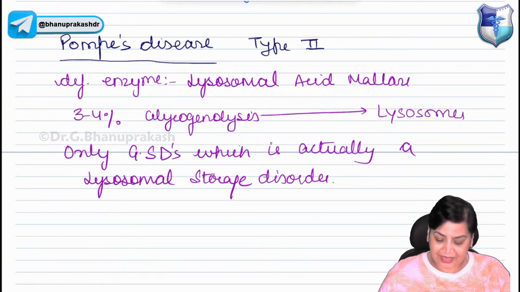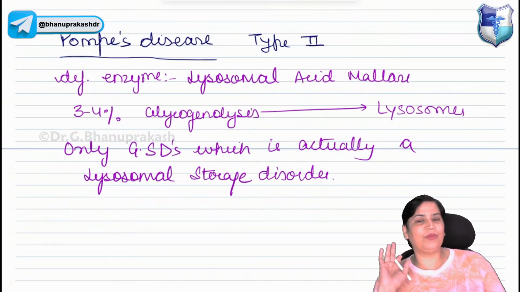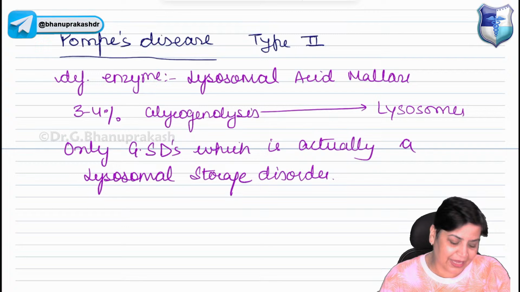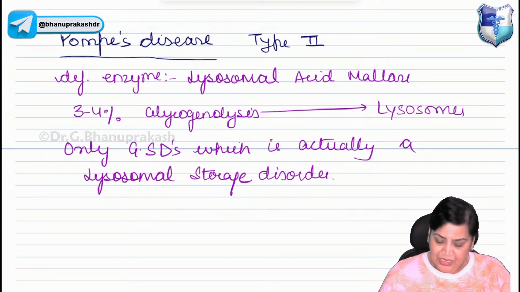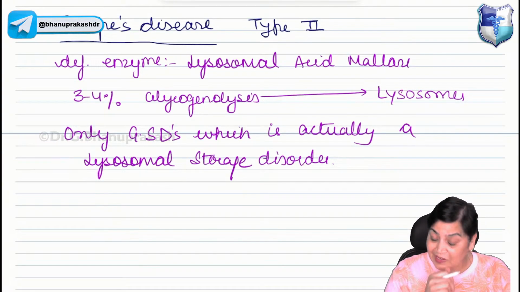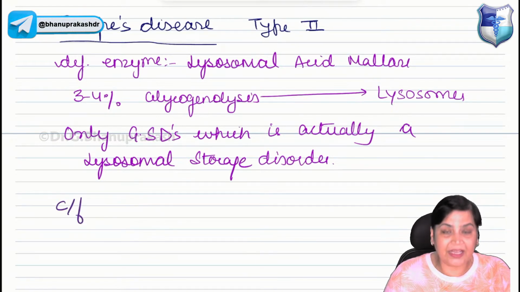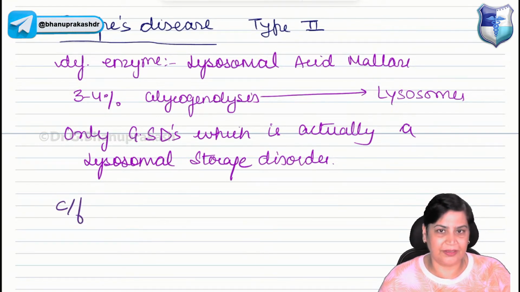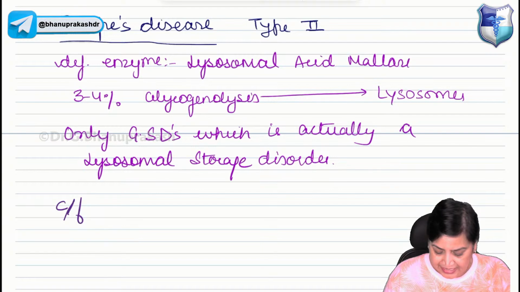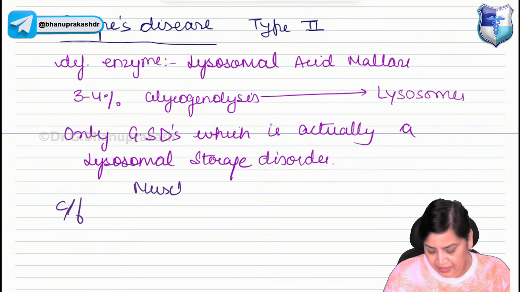Now see, lysosomal acid maltase is absent, so there will be accumulation of glycogen again. So what are the main clinical features? First of all, this is a muscle storage disorder.